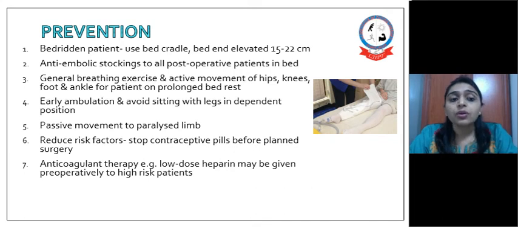We have to make the patient undergo early ambulation and avoid sitting with legs in a dependent position for long. We need to give passive movement to all paralyzed limbs so that we can maintain circulation of the limb and prevent DVT.